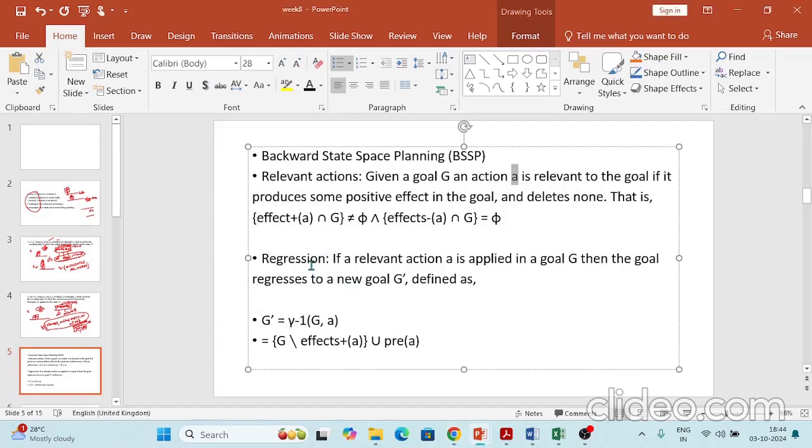Regression means if a relevant action A is applied to goal G, then the goal regresses to a new goal G bar.